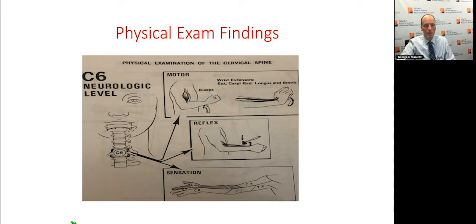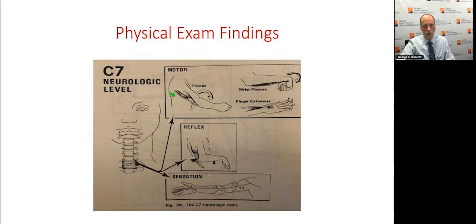The C6 level gets the biceps, but where I really find weakness is in the wrist extensors. People sometimes have a tenodesis effect where they feel like their grip is weaker because they can't keep their wrist up. The reflex for C6 is the brachioradialis, and the sensation comes down along the lateral, radial forearm into the thumb and index finger.